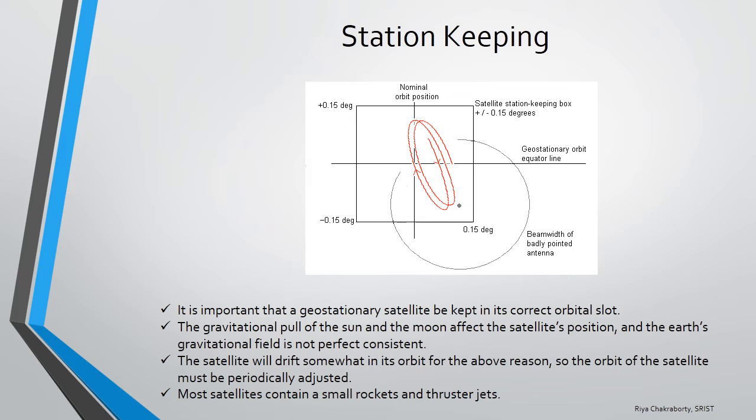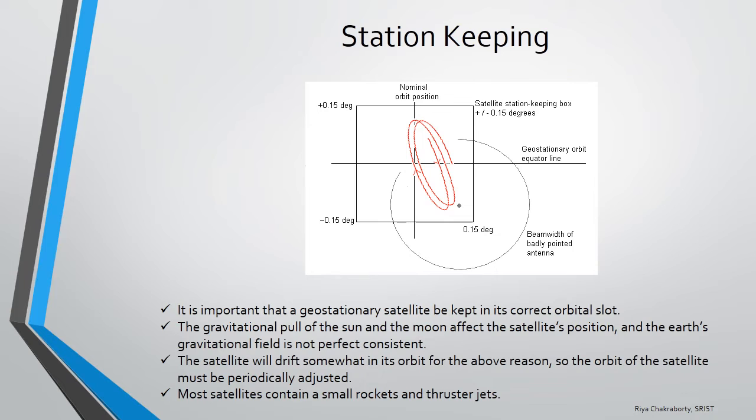Most satellites contain small rockets or thruster jets. The rockets can be conventional rocket motors of the type used to launch the satellite and put it into orbit. Most satellites have several rockets to make various satellite position adjustments possible.